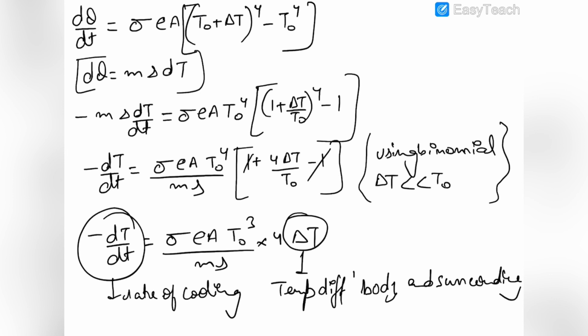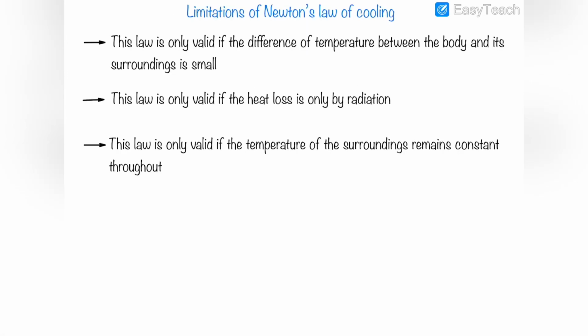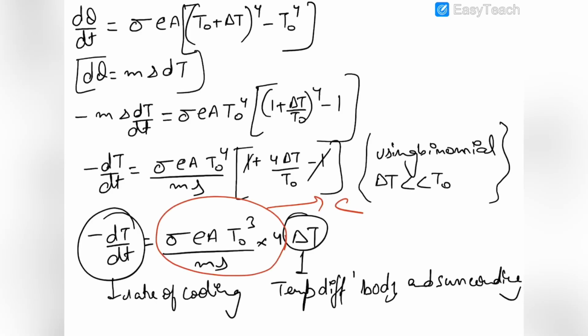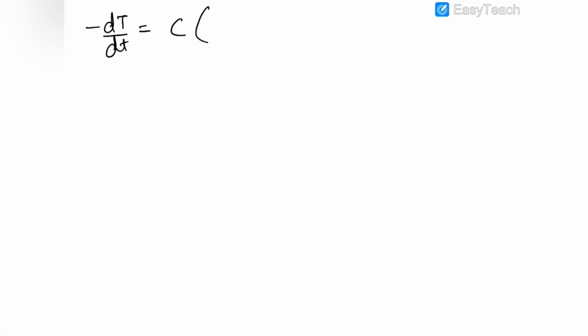So first of all, let us assume this as some constant c. So I can use this as c in further calculations. So minus dT by dt is equal to c delta T, and this delta T is T minus T naught.